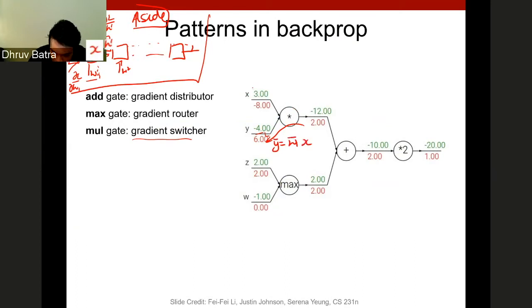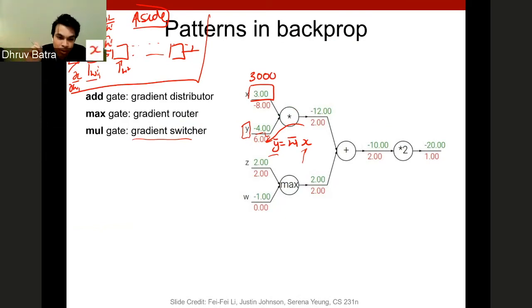So what happens if this input 3 was 3000? Suddenly the gradients going back to the other side, the gradients going to y, get multiplied by 10 to the 3. They went from 3 to 3000. So a factor of 1000 got introduced in the gradients of y.